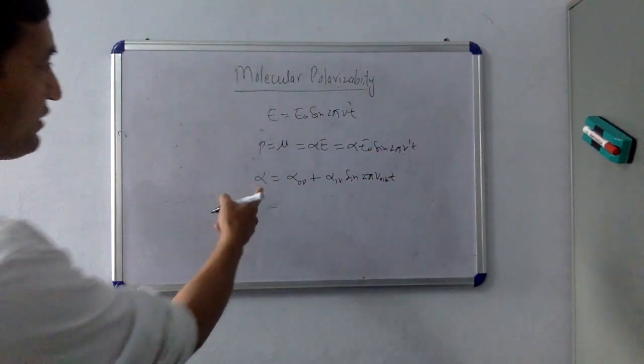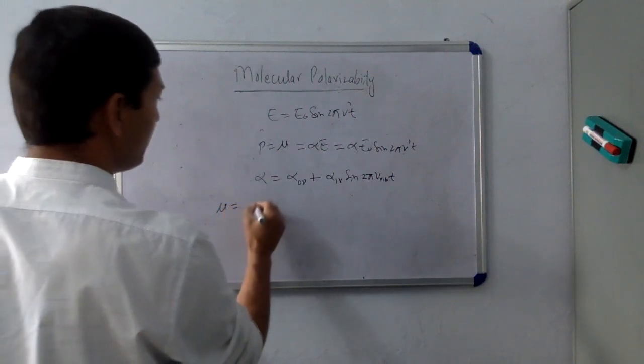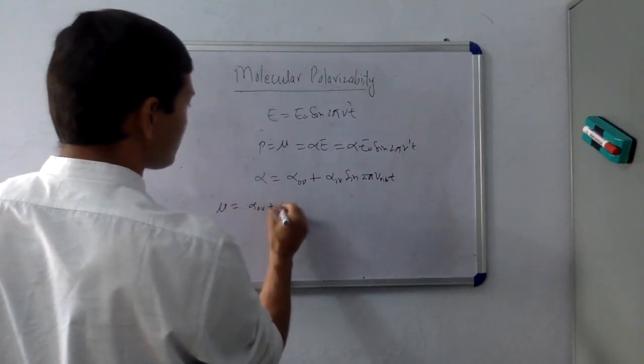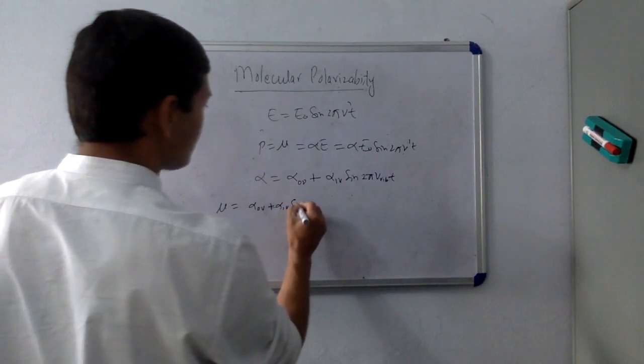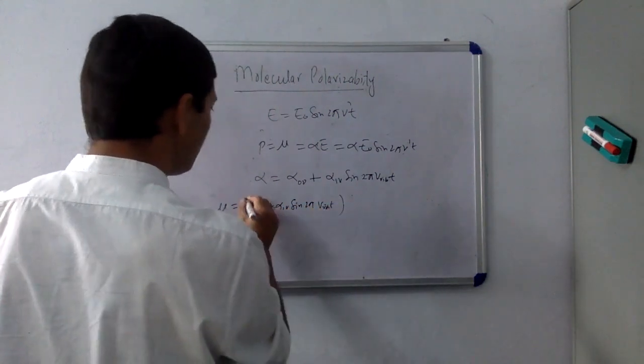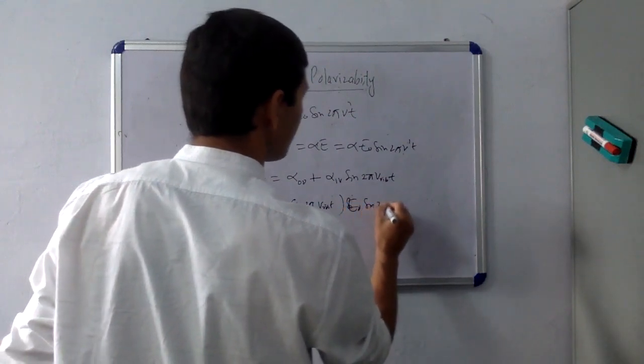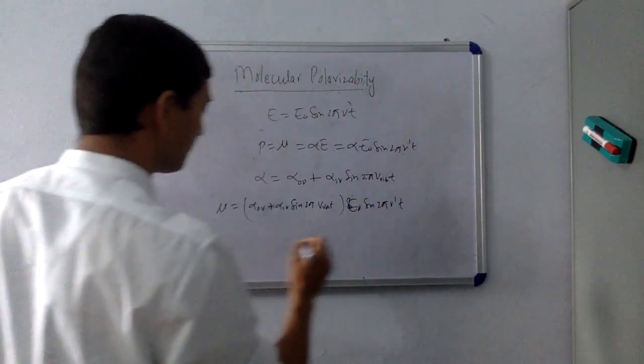Now once I put this value of alpha in this relation, you have mu equal to alpha naught of V plus alpha 1 of V sine 2 pi nu vibrational t, multiplied by E naught sine 2 pi nu prime t.